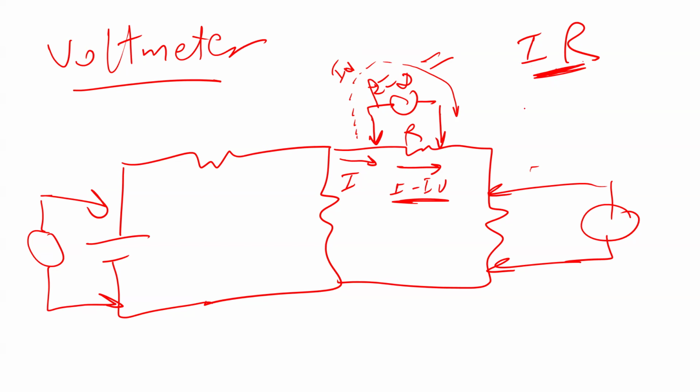What I'm going to measure is actually (I minus IV) times R. This will be a source of error. So ideally, the voltmeter should have infinite resistance, so that most of the current flows this way.